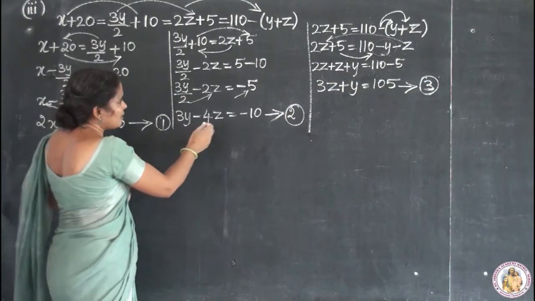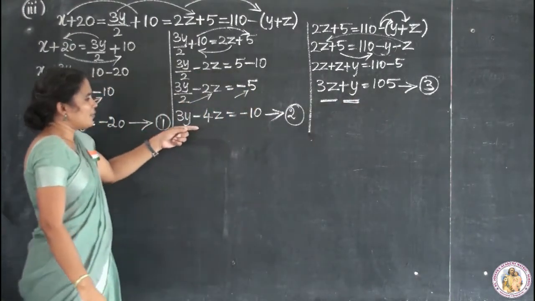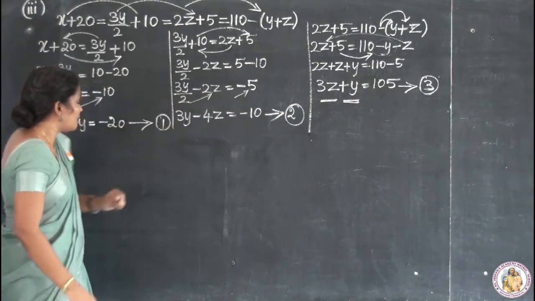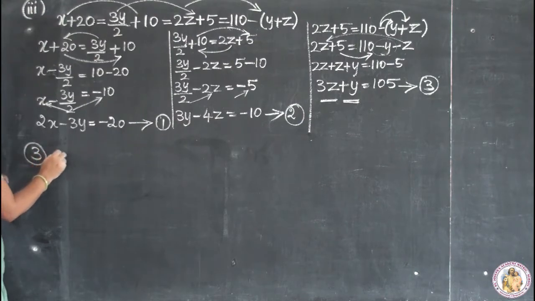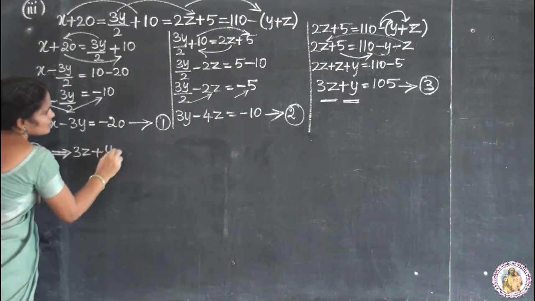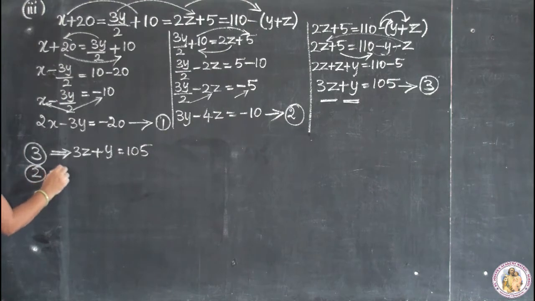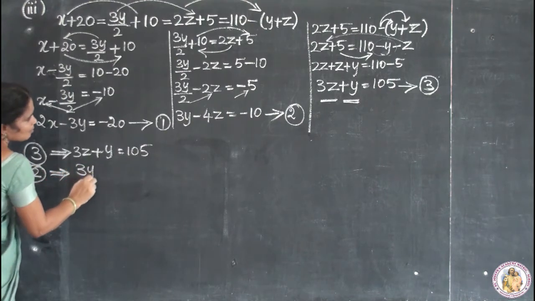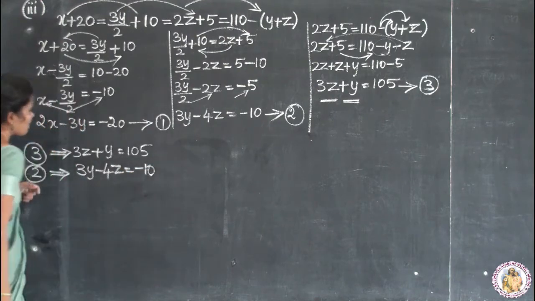Here you can find the variables z and y in the second equation also. So we can move with the third equation and the second equation to find either the value of z or y. Now taking the third equation, 3z plus y is equal to 105, and the second equation, 3y minus 4z is equal to minus 10.